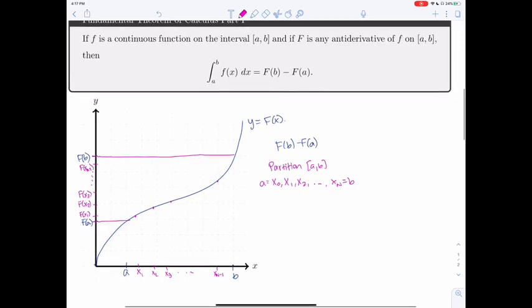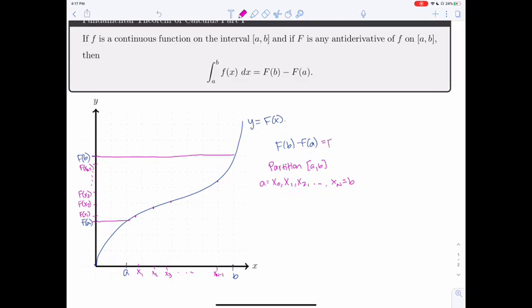Notice that I can rewrite F of b minus F of a by just taking the sum of the differences. I'm just adding up all these little vertical distances to get this larger vertical distance.